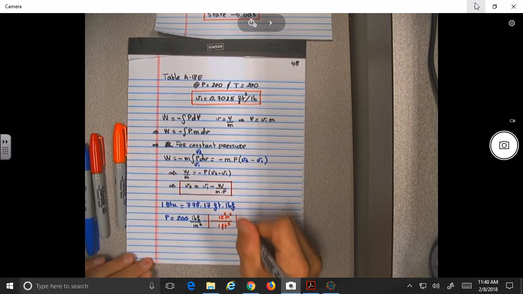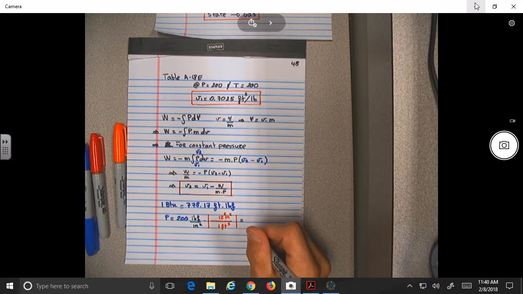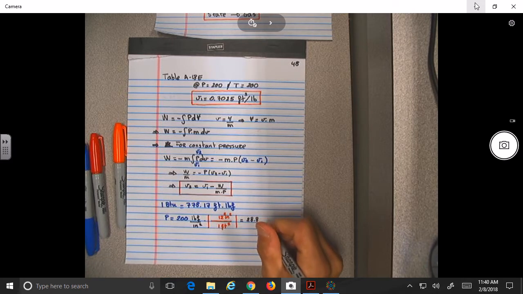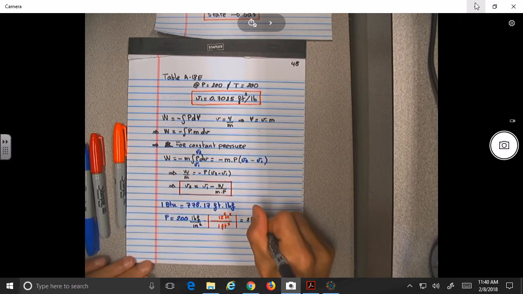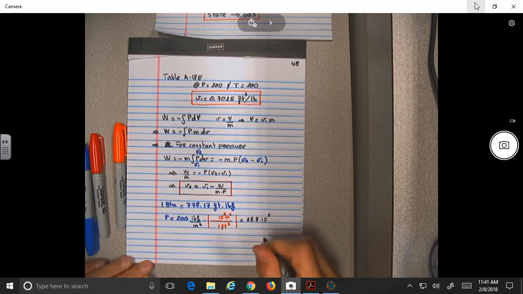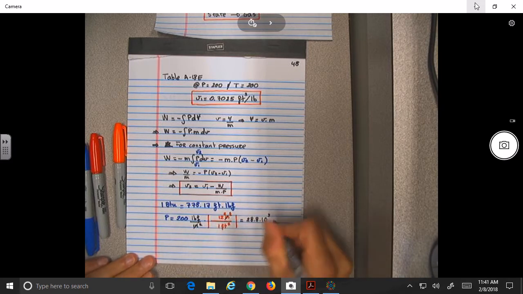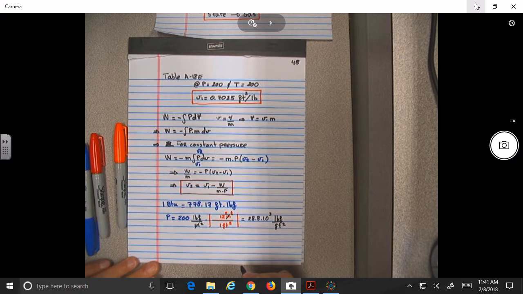So it will be 144 times 200, so 28.8 10 to the 3. Yep, 10 to the 3. And what should be the units for this? So here we'll have, this will cancel, this will cancel. lbf per foot square, no?